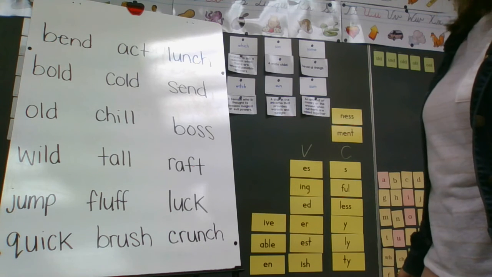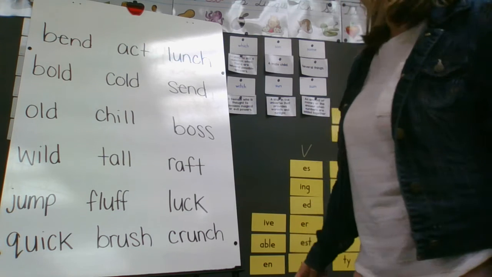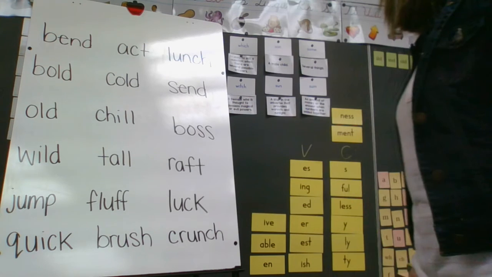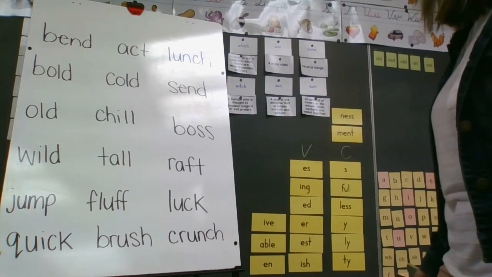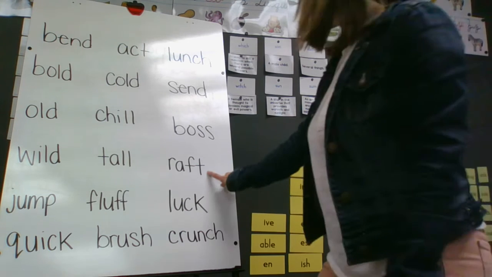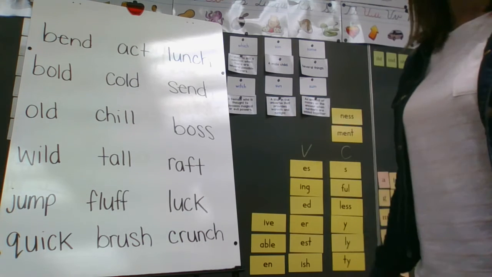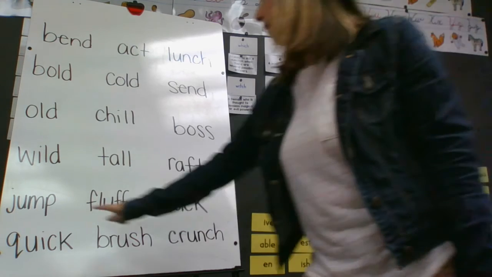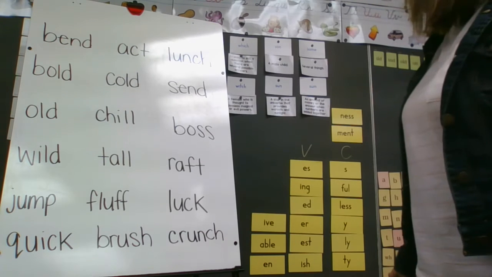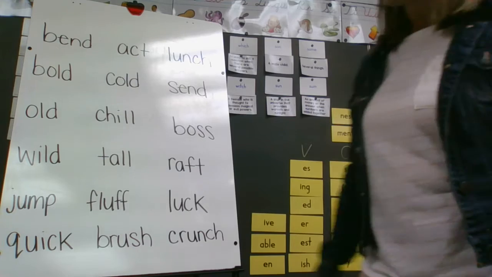Well, could you do something wildly? Tall. How about taller? We already did rafts. That was my example. I just made it plural by adding an S. Rafts. Jump. Could you do jumped? ED in the past.